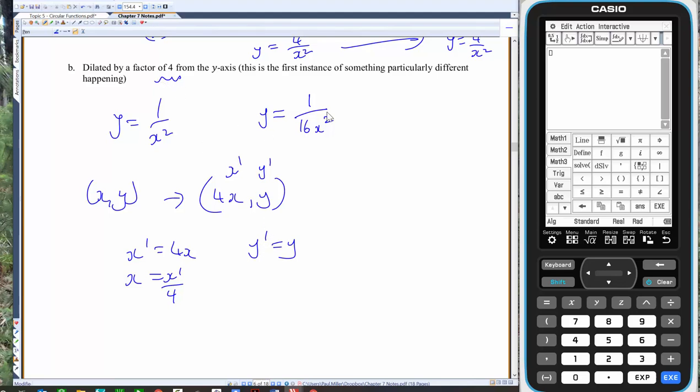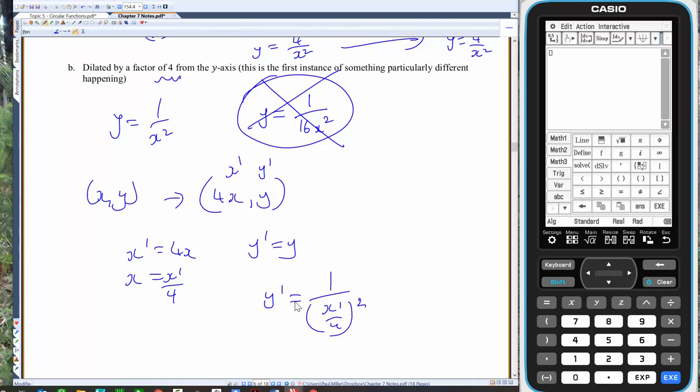Right, so now, see, I've got that wrong. So that is wrong. I already know it's wrong, and this is fantastic because it's great for you to see this happen. All right, so I'm going to substitute not into that one, but note that that's my original function. So I'm going to put y dash on for y, 1 over x dash on 4 all squared.